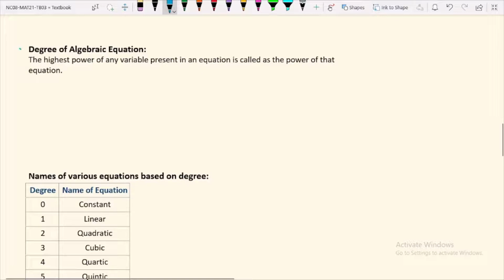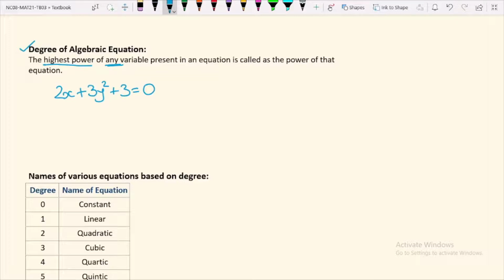Next topic is degree of algebraic equation. The highest power of any variable present in an equation is called the degree of that equation. For example, if I have one equation, 2x plus 3y square plus 3 is equal to 0.